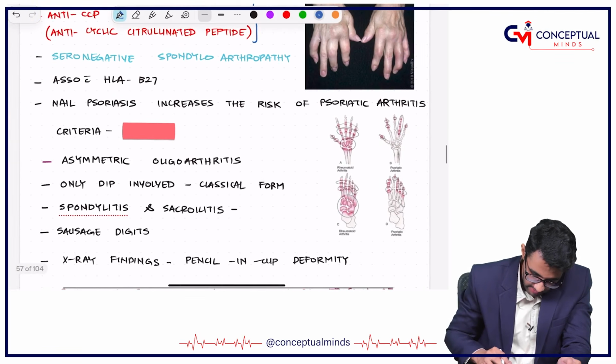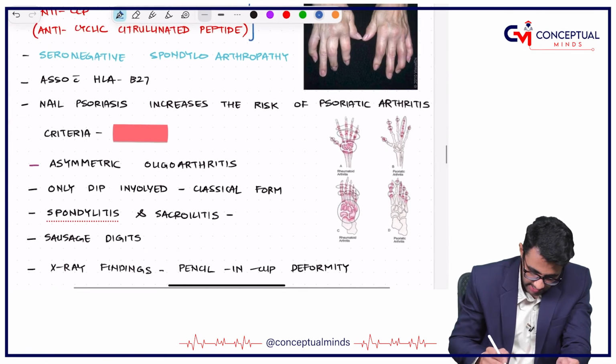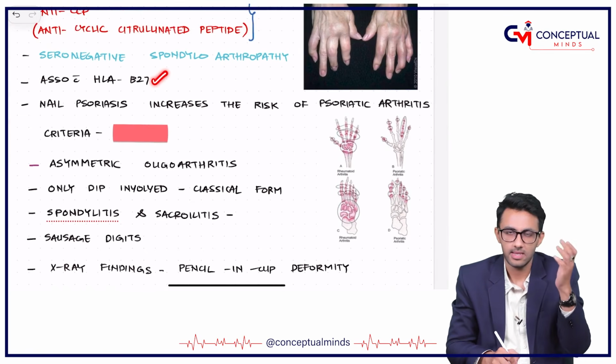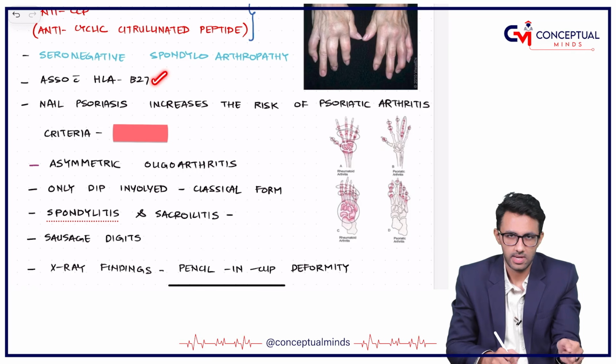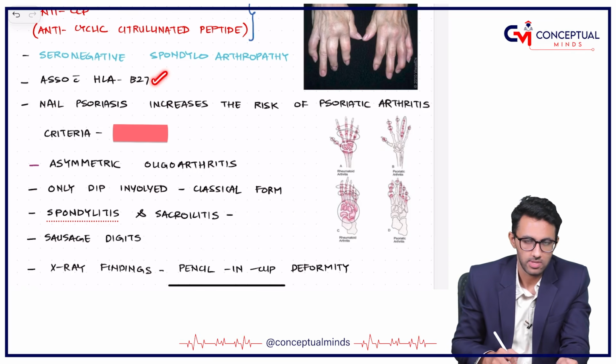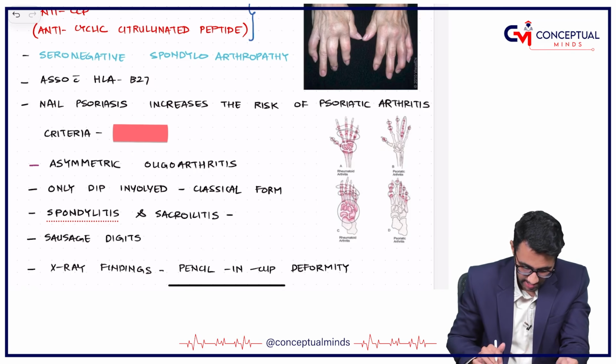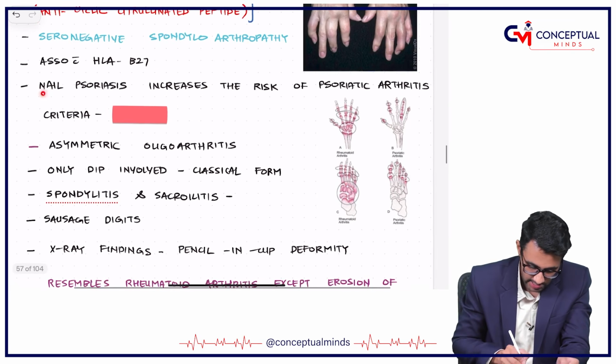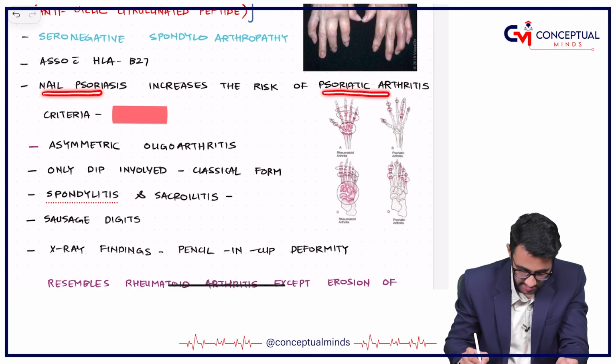We do have an association with HLA-B27. We read this in the genetic predisposition as well, right? It is also seen in ankylosing spondylitis. And having nail psoriasis increases the risk of psoriatic arthritis.